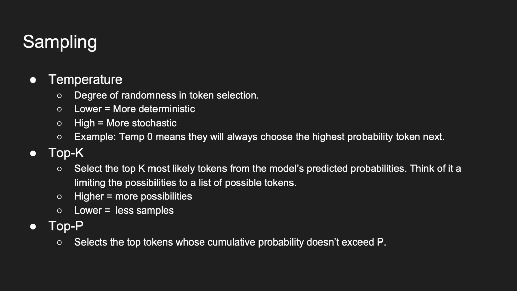Since AI models are predicting the next token, top K is the list of tokens that might come next. So higher means more possibilities, lower means fewer possibilities. Top P, right? If each next token is associated with a score, like a percentage of what its probability will be next, then top P limits the tokens to those whose cumulative probability doesn't exceed that P value.